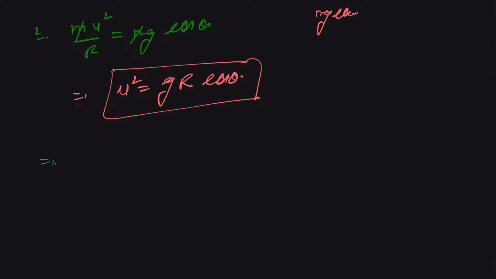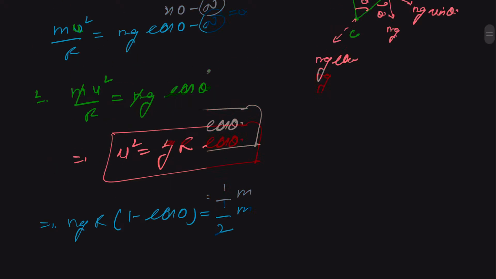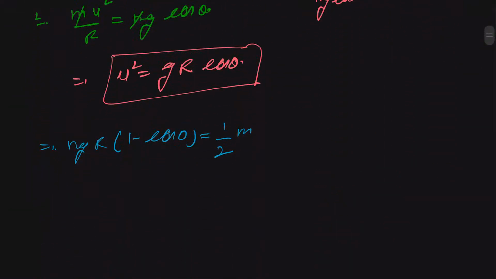Therefore, we get mgr (1 minus cos of theta) is equal to half m, and we have u square, that is gr cos of theta, and this is (M plus small m) sin squared theta divided by (M plus small m). Okay.